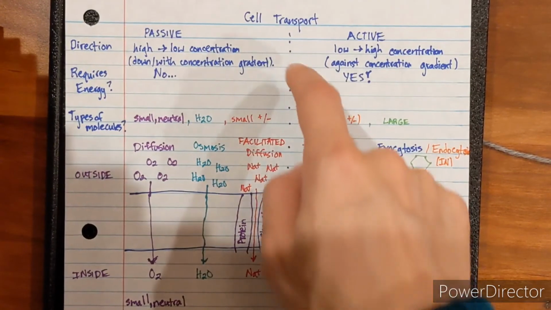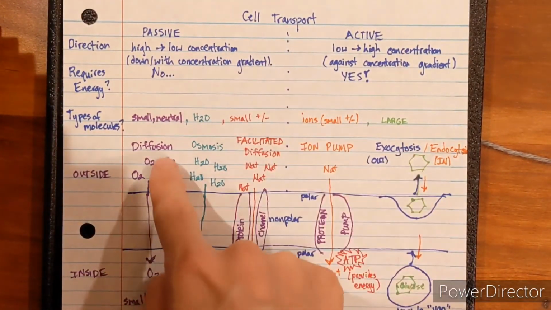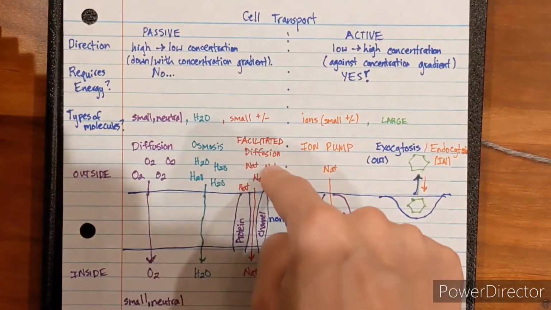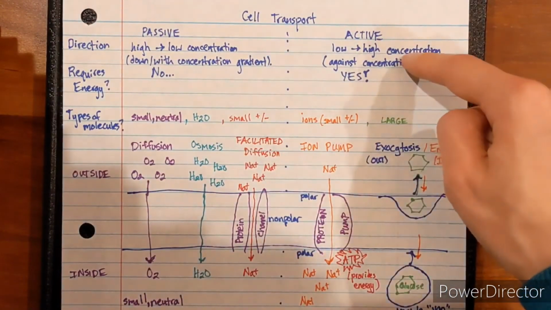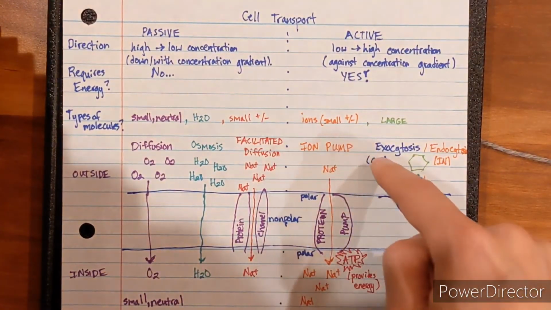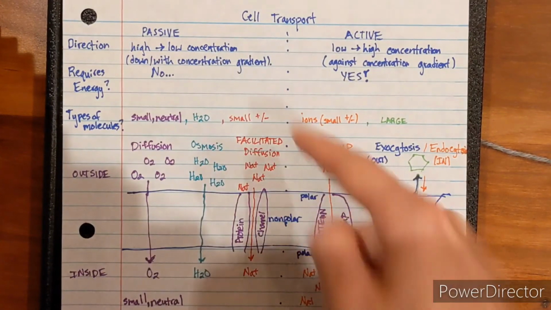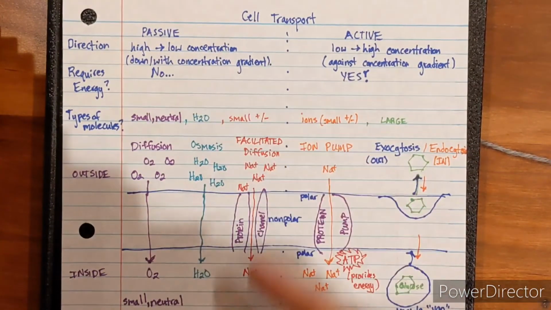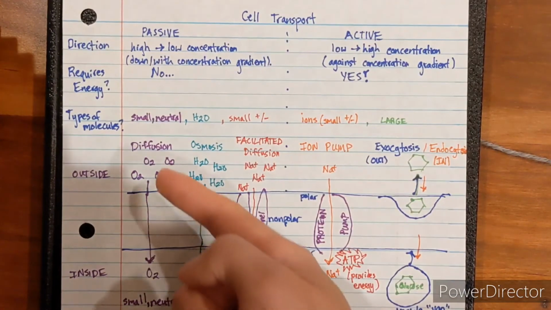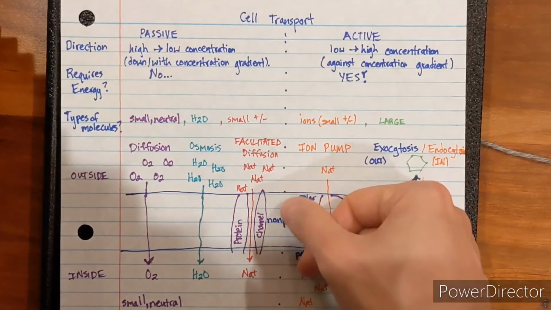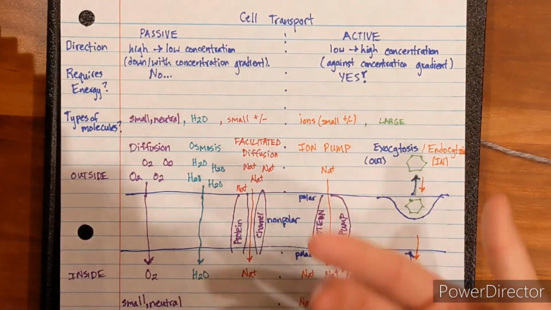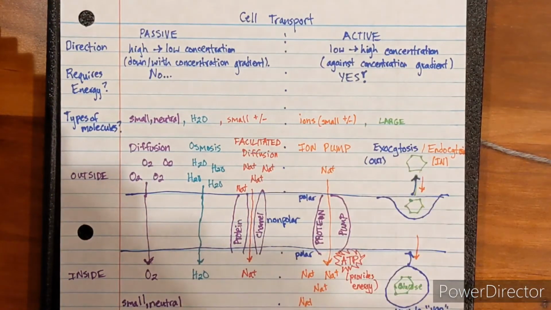So there you have it. We have 3 types of passive transport: diffusion, osmosis, and facilitated diffusion. We've got 2 types of active transport: ion pumps and then exocytosis or endocytosis. Passive happens naturally. Molecules are diffusing down their concentration gradient. Just depending on the type of molecule, they might require a protein channel or not. Active does not happen naturally.